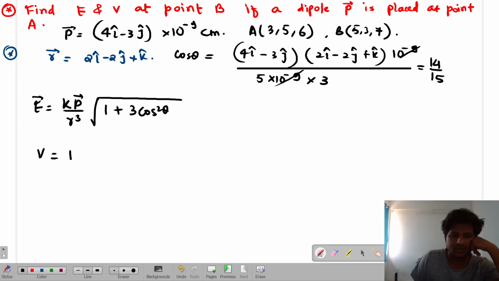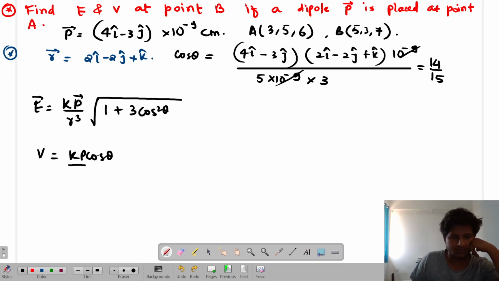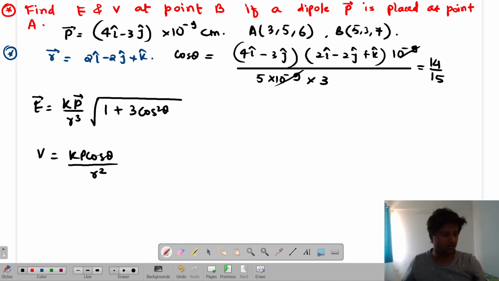And potential is what? Kp cos theta by R square. Apply both of the formulas, you'll get the answers over there. Is that clear or not? So can you just apply and get the answer? It's your task, okay? To solve this and get the answer.